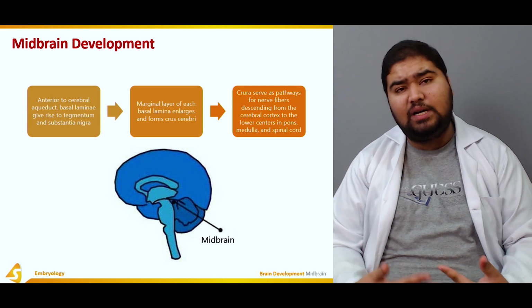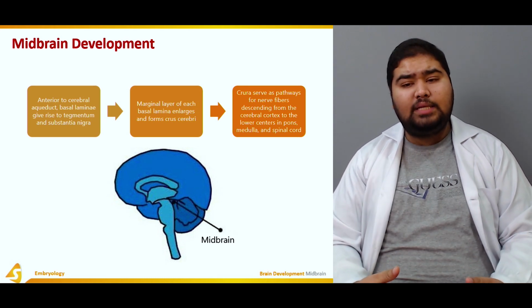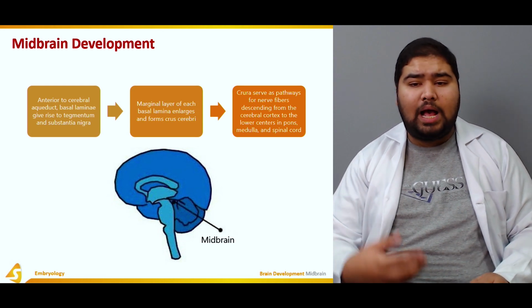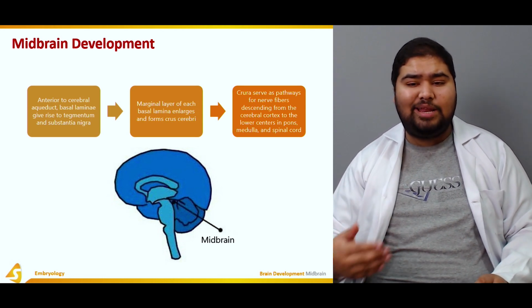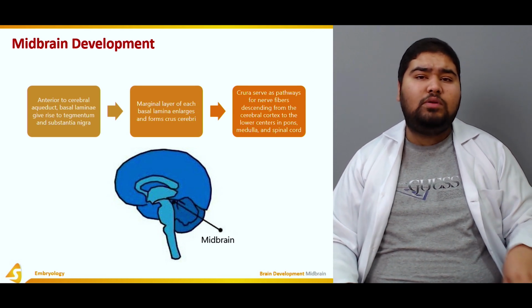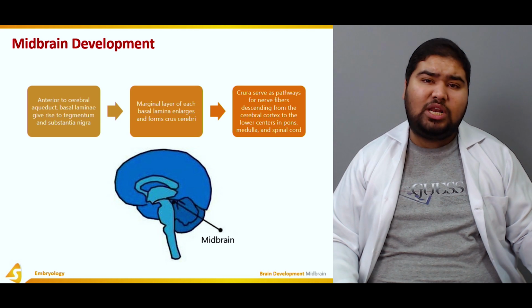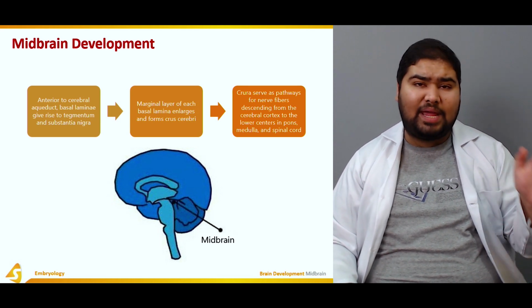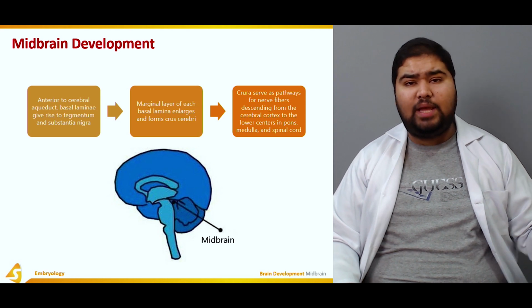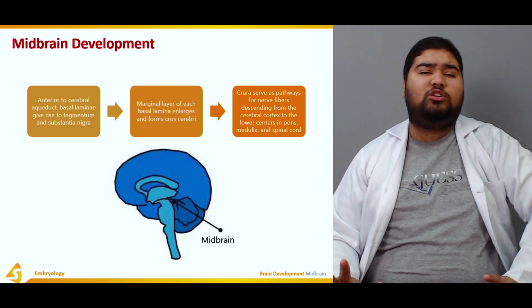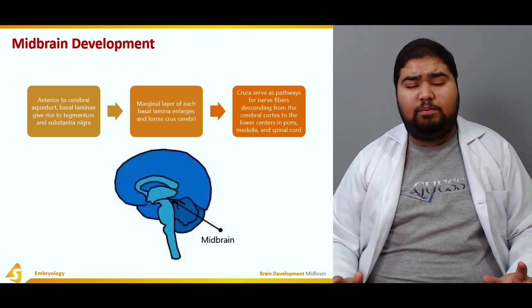These nerve fibers are descending from the cerebral cortex to the lower centers in pons, medulla, and the spinal cord. So pons, medulla, and spinal cord regulate the information that is coming from higher brain centers, the information that has to be passed through the body so that the various bodily functions can be performed.